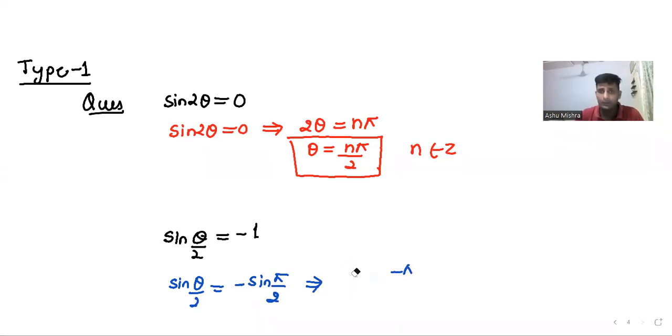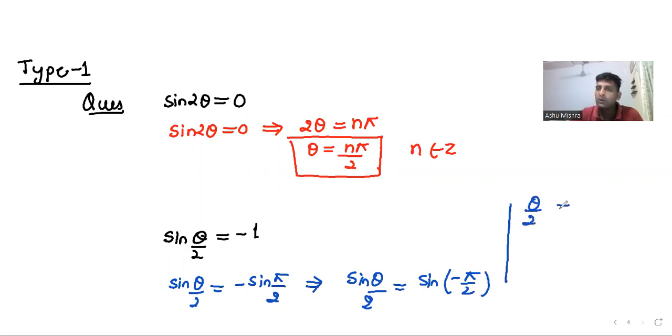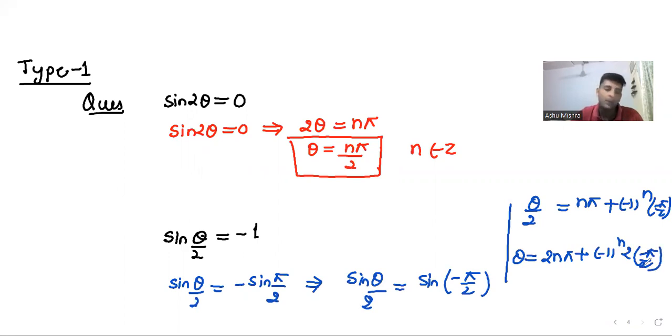That means I can say sine theta upon 2 will be equal to sine of minus pi by 2, meaning theta upon 2 will be equal to n pi plus minus 1 to power of n into minus pi by 2, or I can say theta is equal to 2n pi plus minus 1 to power of n into 2 into minus pi by 2. They all are known as basic types.